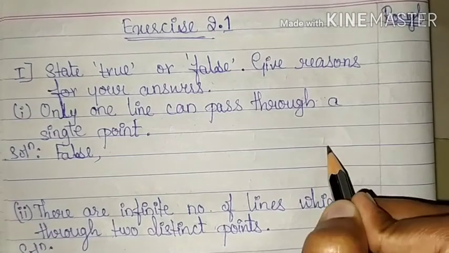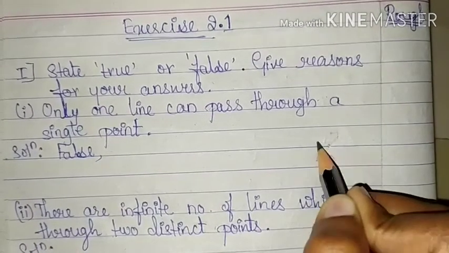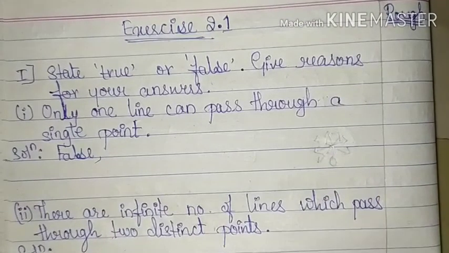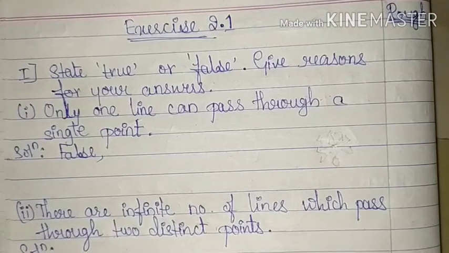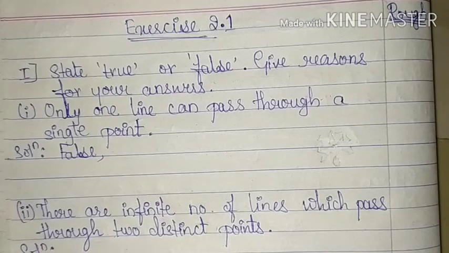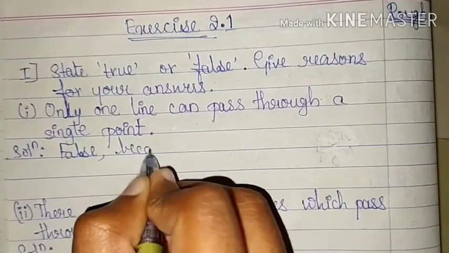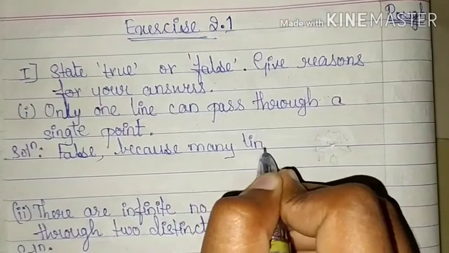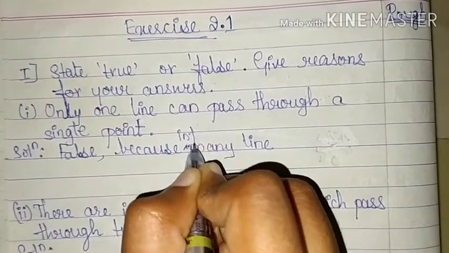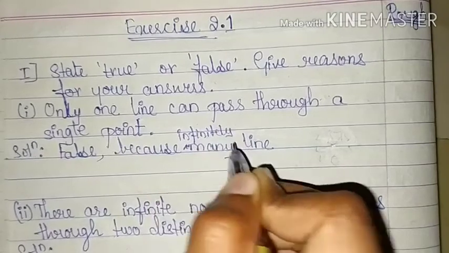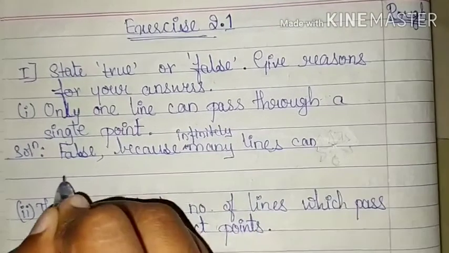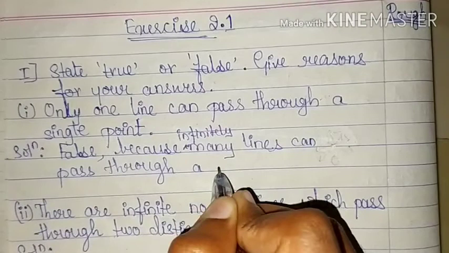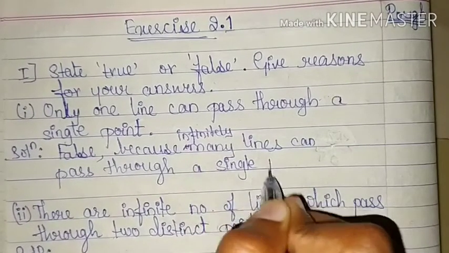We also looked at an example like the point O, and how infinitely many lines can pass through the given single point O. So the statement that only one line can pass through a single point is false, because infinitely many lines can pass through a single point.